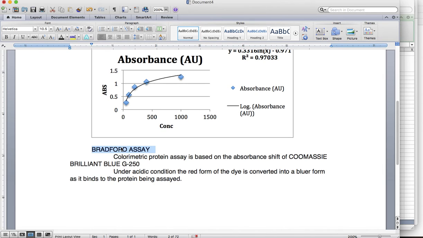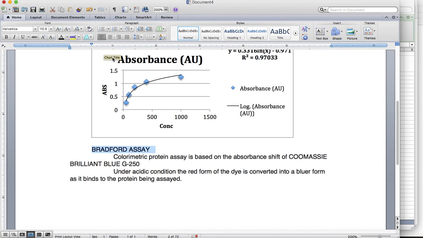As this dye binds to proteins, we observe a shift from the red to the blue spectrum. So you will actually see the solution turn more blue from the previous brownish reddish color. We can then observe the change using a spectrophotometer and record the absorbance values.